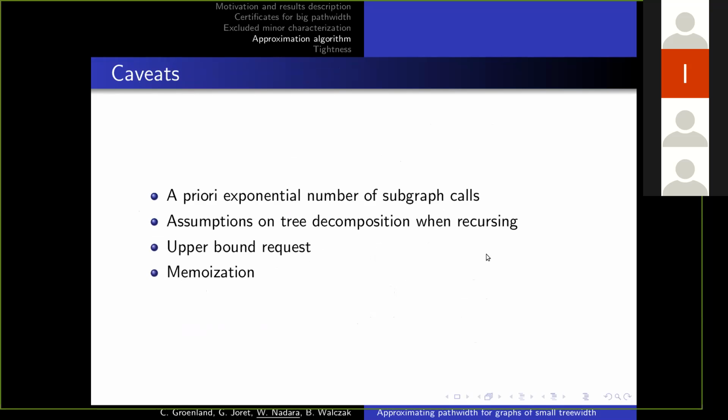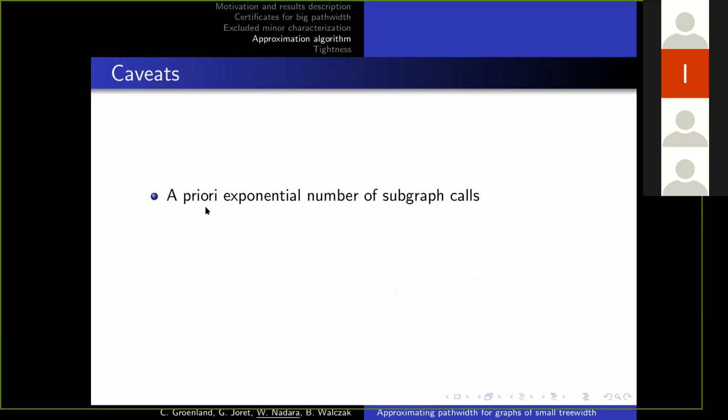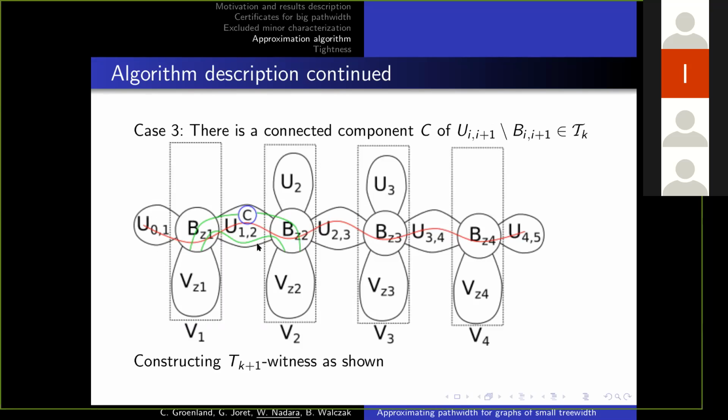Just wanted to mention a few things that I didn't point out before. First thing is that when deleting that backbone, the connected components that we are left with do not have to be subgraphs that we already computed information about.